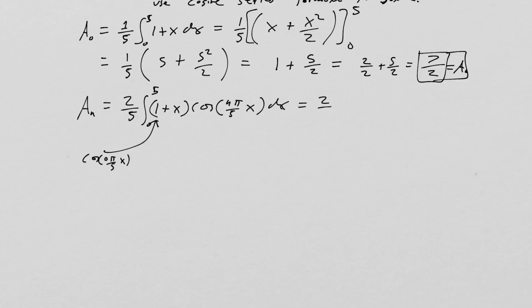So we can rewrite this as 2/5 integral from 0 to 5 of x cosine of n pi over 5 x dx. Because that term, that function 1, is orthogonal to all the others, so we don't need to worry about that one anymore. Okay, so let's now compute this fully.